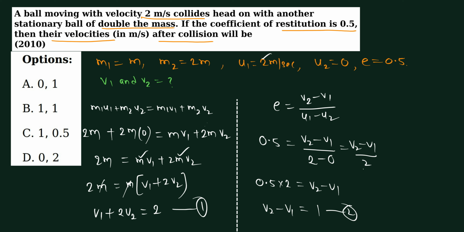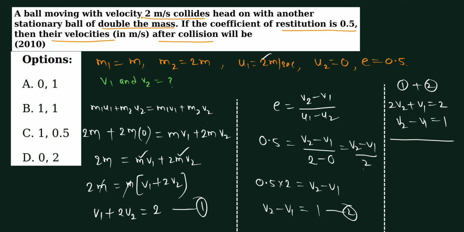By solving these two equations, you will get the answer. By adding these two equations: equation 1 is 2v2 plus v1 equals 2, and equation 2 is v2 minus v1 equals 1.